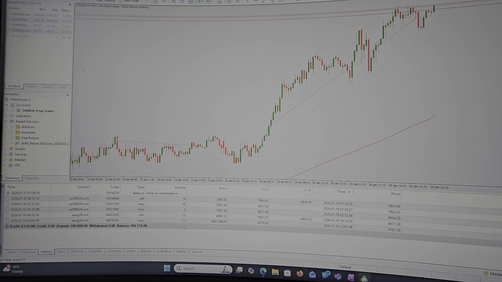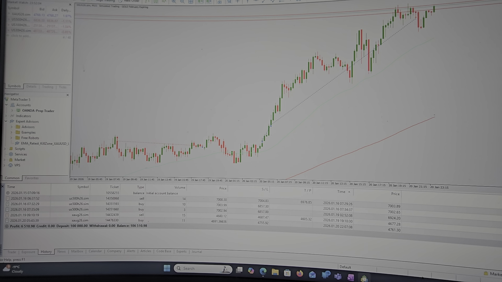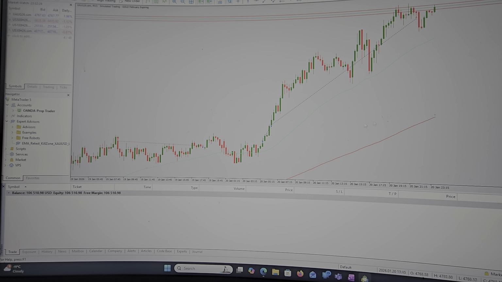So total was 11 positions, and we closed at $7,600 that we made for this trade. So yeah, that's that for the FTMO trade that I took yesterday.